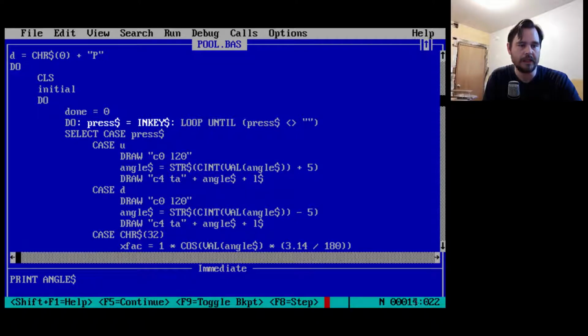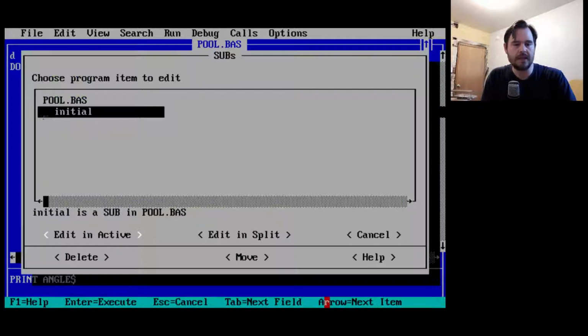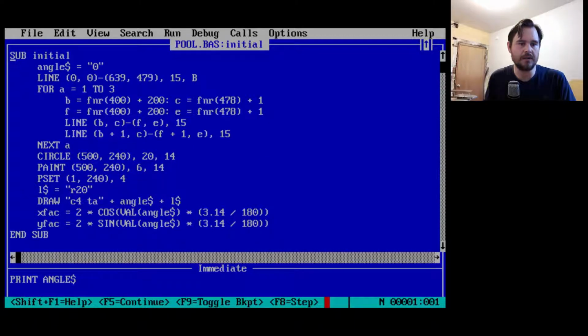Okay, so we're going to go to this initial subroutine. Now, what do we do here? So angle string equals 0. Line, we draw a line from 0, 0 to 639, 479, which is a white box around the whole screen. We saw that. And then we're going to do something 3 times.